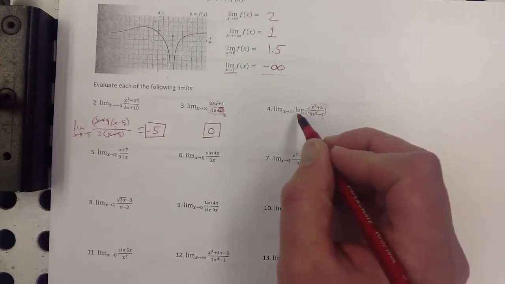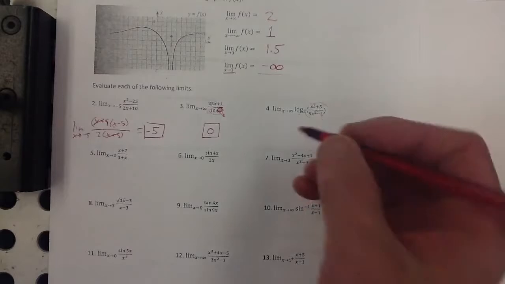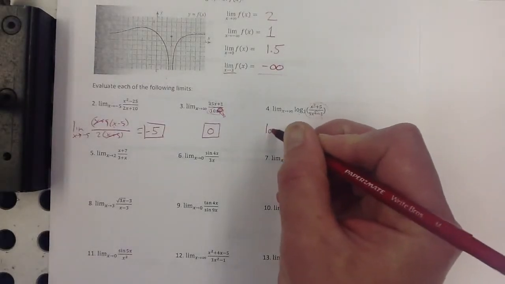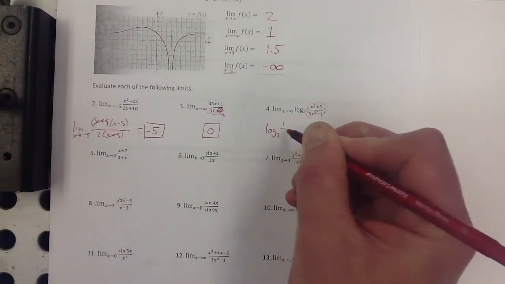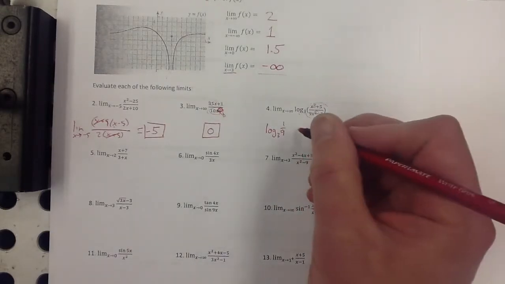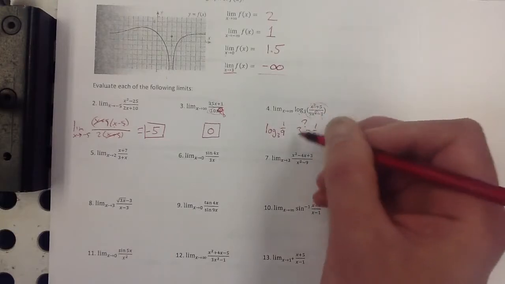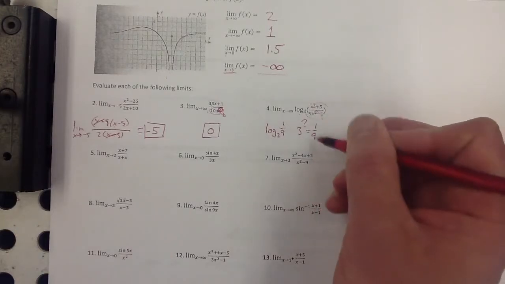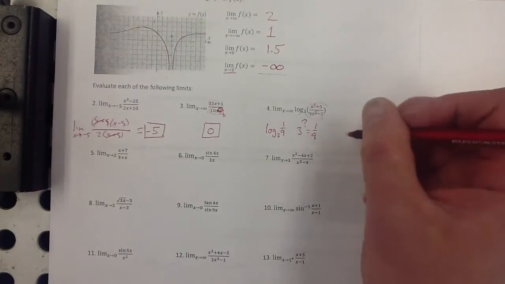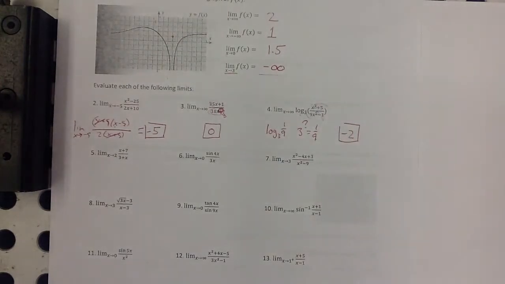So this is effectively asking what's the log base 3 of 1/9? So snuck in a little bit of logarithm review for you here. That's like asking, what do you have to raise 3 to get 1/9? 3 to some power is equal to 1/9. Well, 3 squared would give you the 9, and if you want to flip something over, that's what negative exponents do. So 3 to the negative 2 is equal to 1/9.